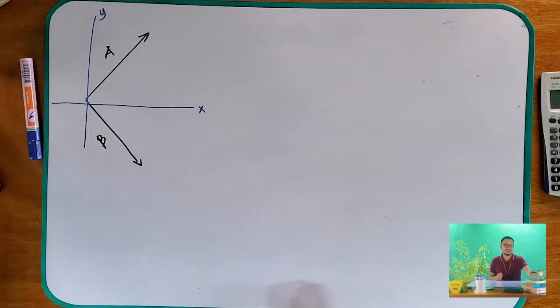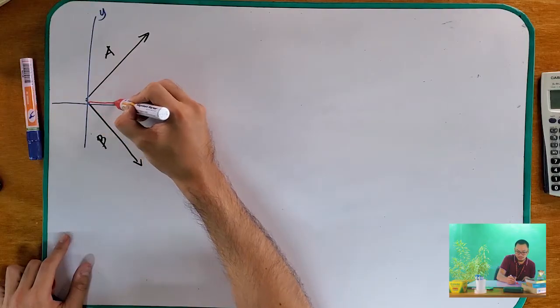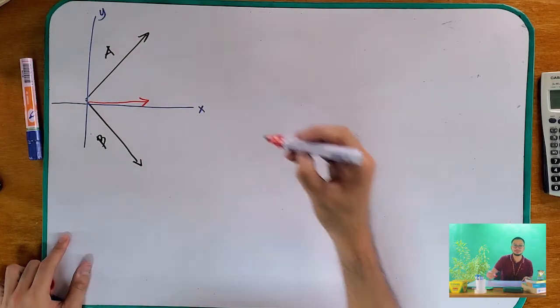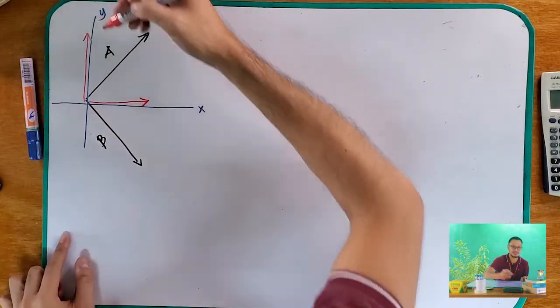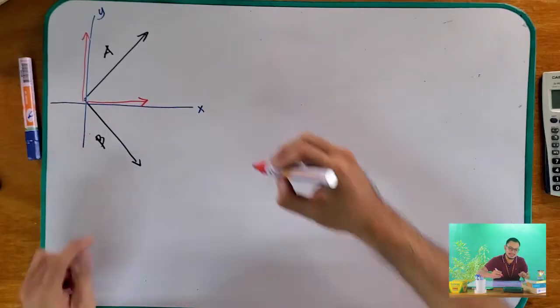So, to add your force A and force B with the help of these coordinate axes, all you have to do is get the components of your A. First, to get the components of A. What is a component? As I said earlier, it is parallel to our x and y.